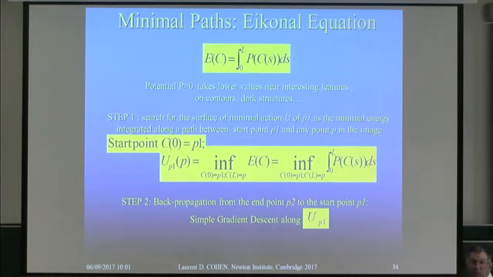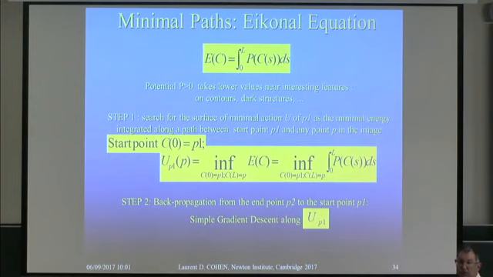P1 being the starting point, for any point P in the image domain, U_P1(P) is defined as the minimal energy among all paths that join P1 and P. If you interpret P as a local metric for the length of the curve, then this is the minimal weighted length among all paths that join P1 and P, so it can be interpreted as the weighted distance from P1 to P.